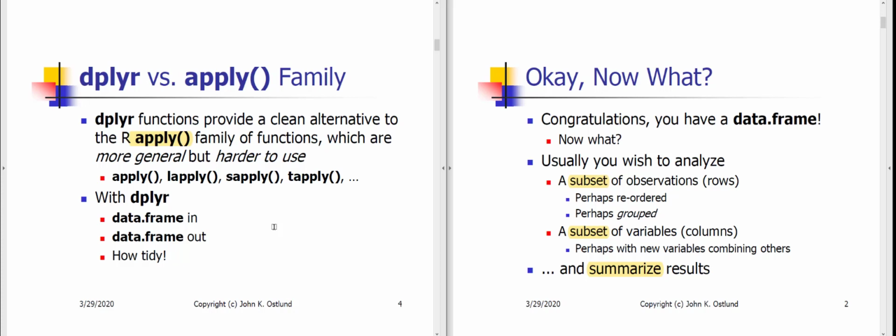The apply functions are very powerful, very general, also rather difficult to use, rather difficult to remember all of the various options and arguments that they take. The dplyr package, as I said, makes all of this process much simpler by having all of the functions take a data frame as input and a data frame as output and work together collectively.